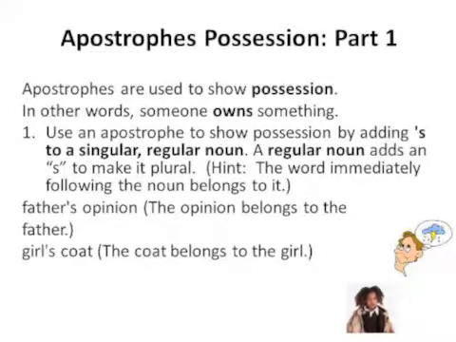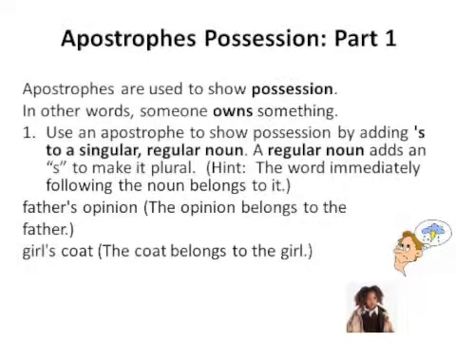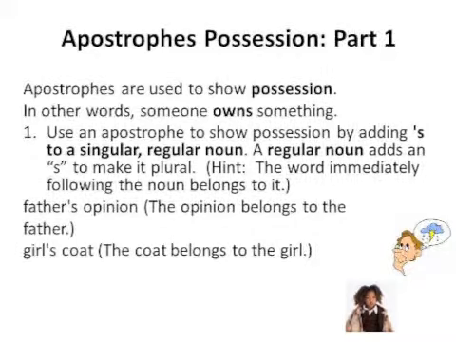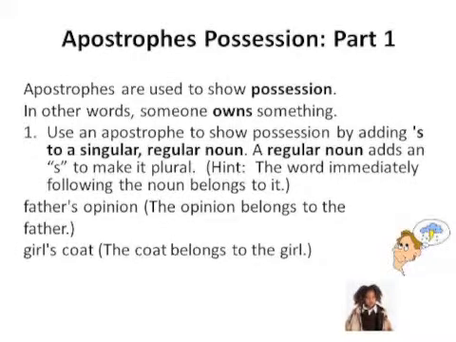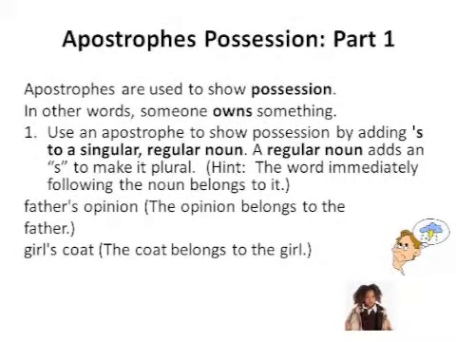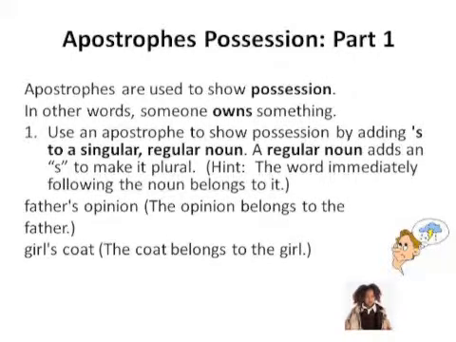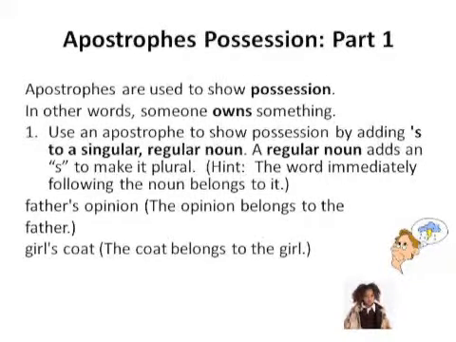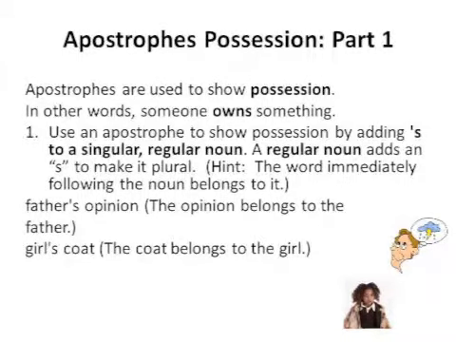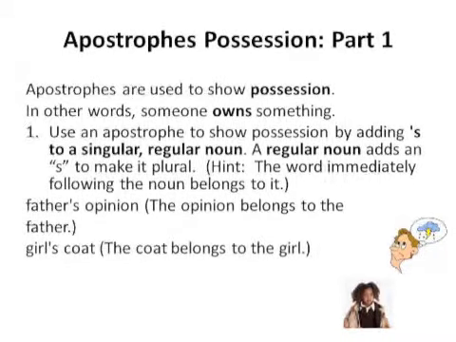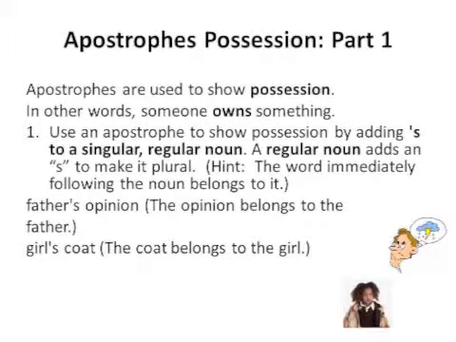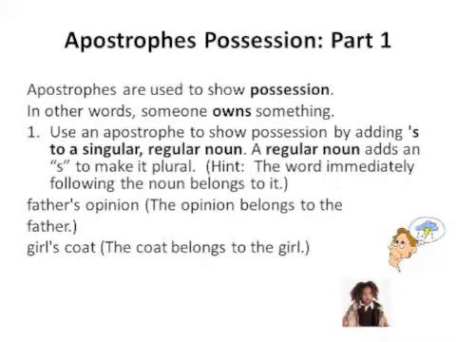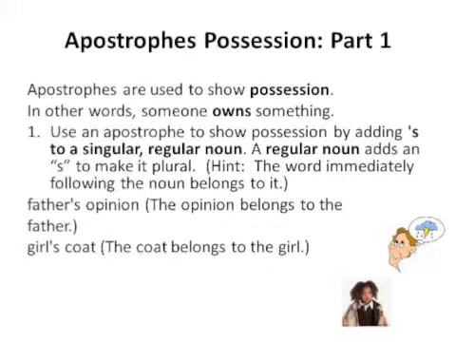If you realize that the word immediately following the apostrophe S word belongs to it, you should have no trouble using apostrophes for regular singular nouns correctly. Look at father's opinion and girl's coat. This means one father has an opinion and one girl has a coat.